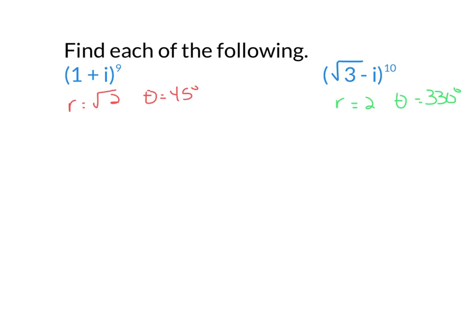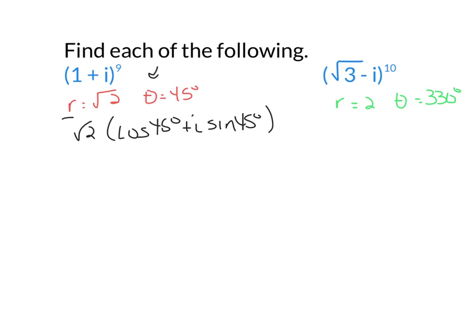I went ahead and found my r, because we did that yesterday, and found theta, 45. So I'm going to write it in trig form, which should be square root of 2 times cosine 45 degrees plus i sine 45 degrees. And I'm going to raise it to the 9th power.